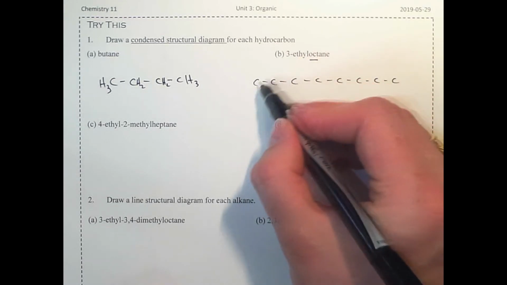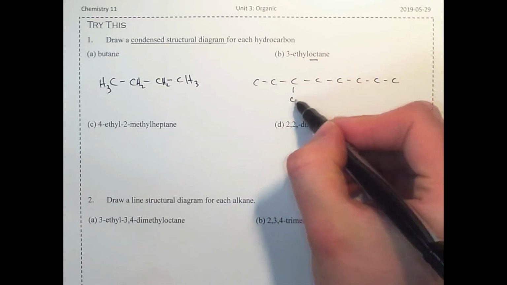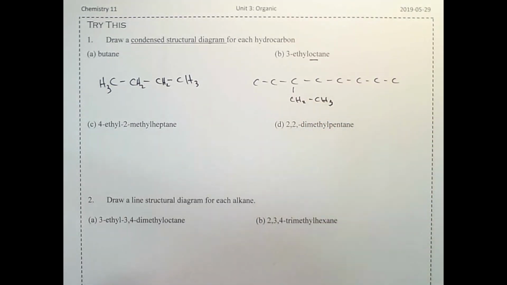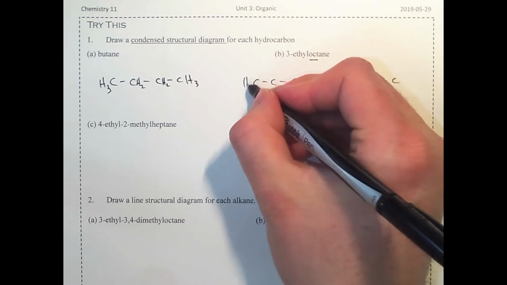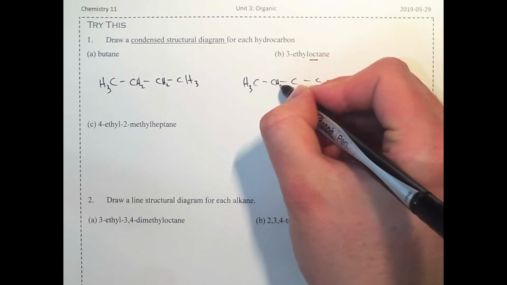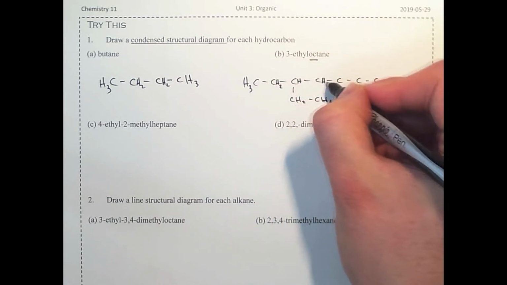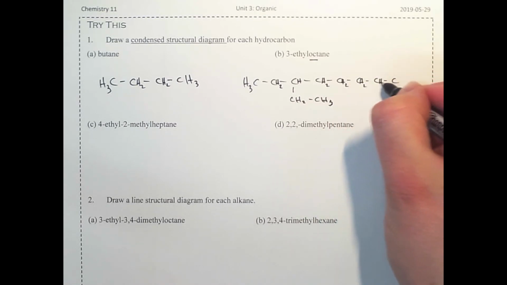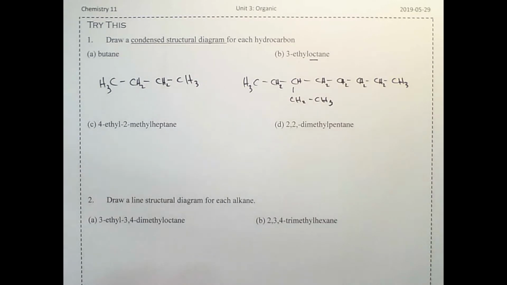There's an ethyl group at number 3, 1, 2, 3. Here's my ethyl group from my alkyl chain table. Fill in your hydrogens. And you're done.